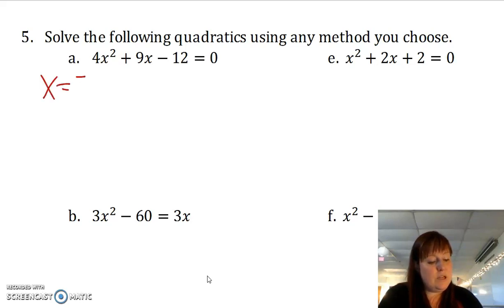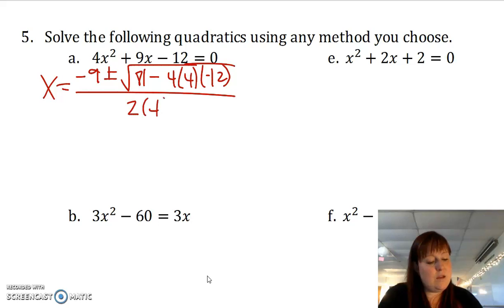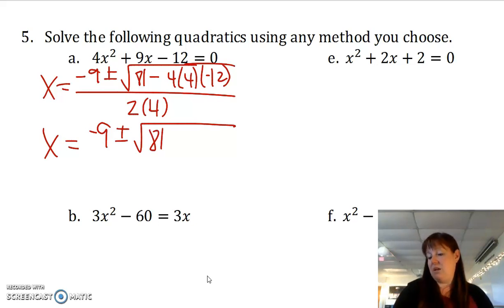x is equal to negative b plus or minus the square root of b squared minus 4ac all over 2a. So we have x equals negative 9 plus or minus the square root of 81, and then 4 times 4 times 12 is 192.